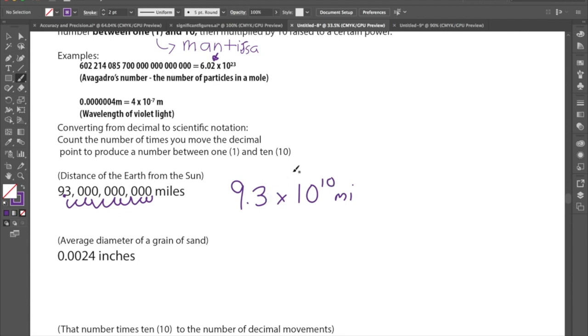Again, if we see 9.3 times 10 to the power of 10, it's basically saying 9.3 times, and if we were to write this in decimal notation, we know it's going to be 1 with 10 zeros after it.